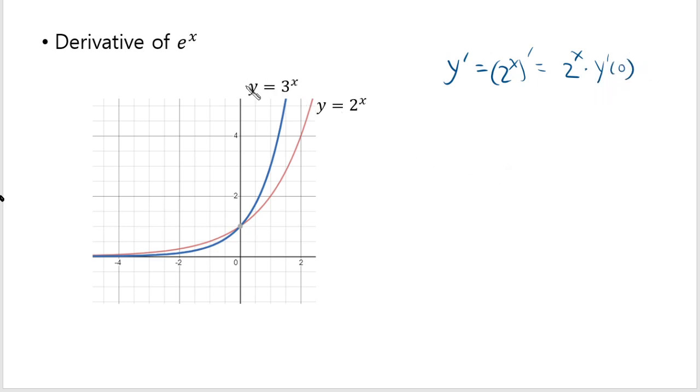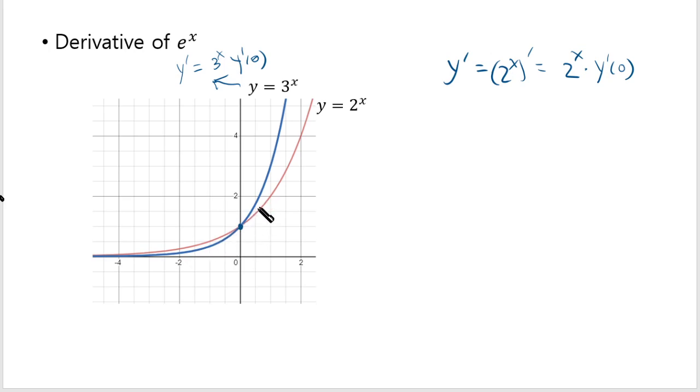And the same thing holds for this one. Here you have y prime equals 3 to the x times y prime evaluated at 0.